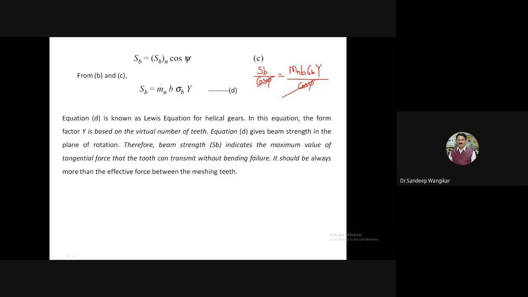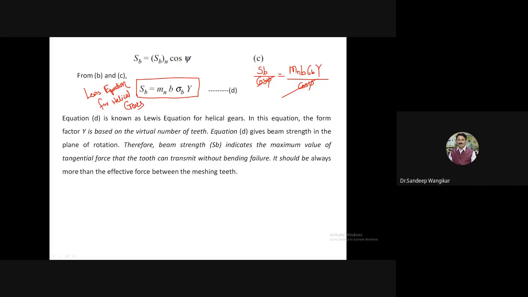This gets cancelled and finally you will arrive at SB is equal to MN B sigma B Y. This is the Lewis equation for helical gears. Here MN is the normal module, B the face width, sigma B the permissible bending stress, and capital Y, very important.